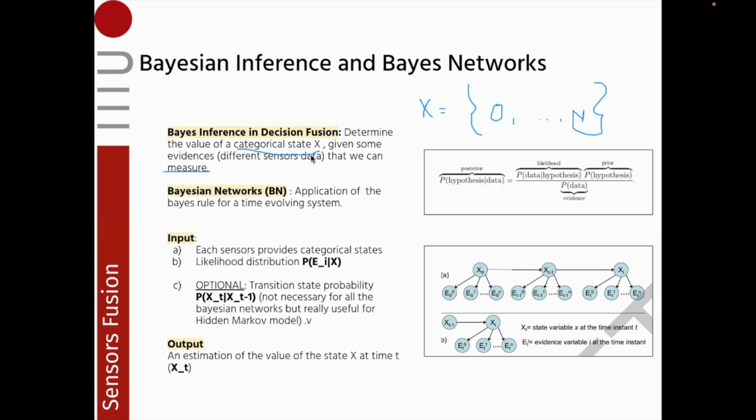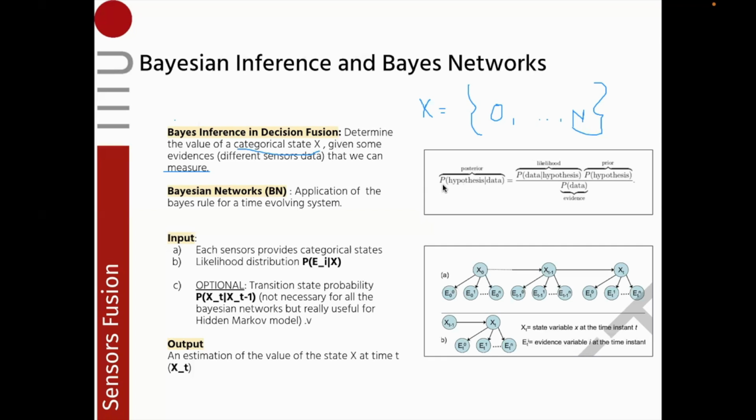And also I want to point out the input, so the different sensor data. In a decision fusion context, such data will be categorical as well. So we will deal with sensors that output a state as well, as we will see later.